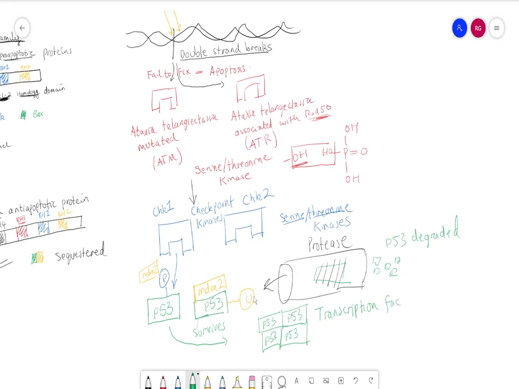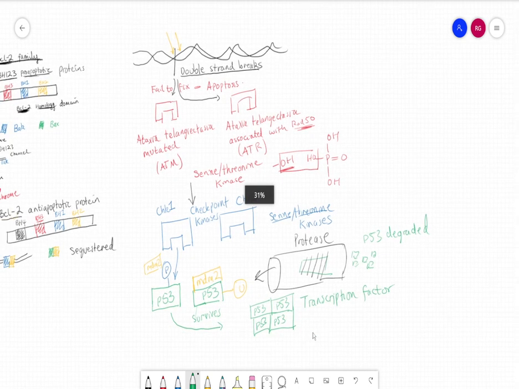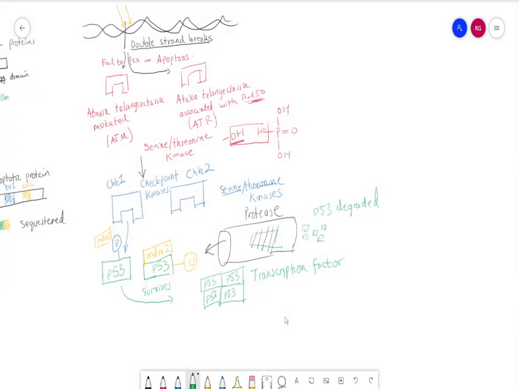And a transcription factor will increase the expression of certain genes, or maybe decrease the expression of other genes, either directly by stopping the transcription of that gene, or maybe the product itself is going to stop the transcription of that gene. But the p53, its role is to, of course, I'm going to put in red, is to stop the cell cycle.